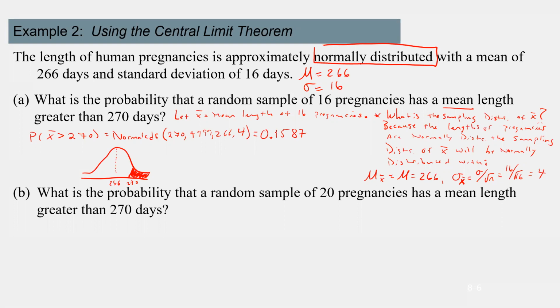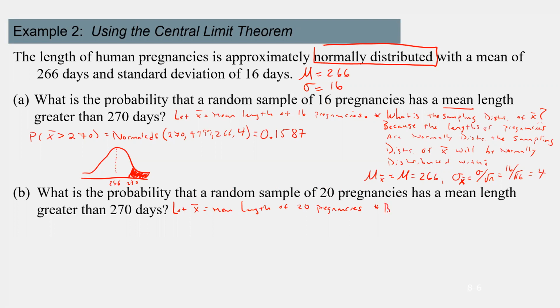Yeah, the n changes. So we have a new variable. I'm going to let X bar be equal to the mean length of 20 pregnancies. Let's describe the sampling distribution of this new X bar, because it's not 16 pregnancies, it's 20.